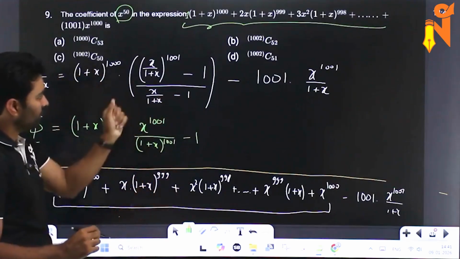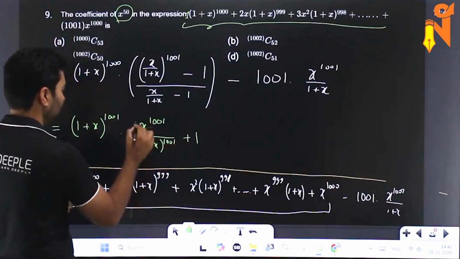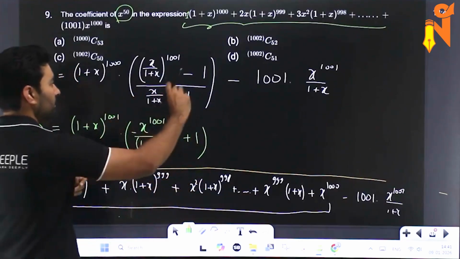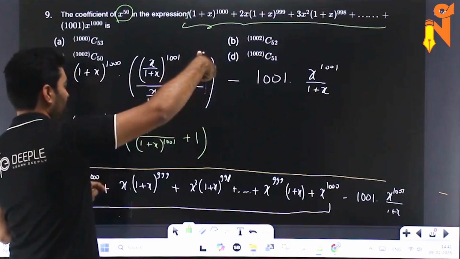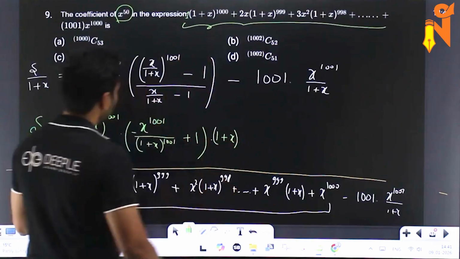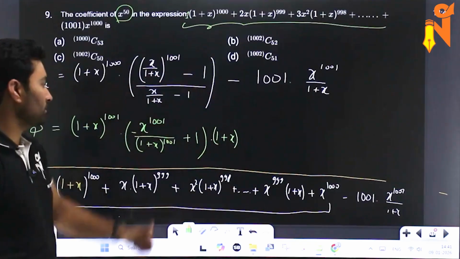If you take the LCM, you will get x, with the minus sign, so the sign will change. 1+x is there, this will come here and then the reciprocal, so 1+x also here. I hope this is correct. Reciprocal, yes, nice.